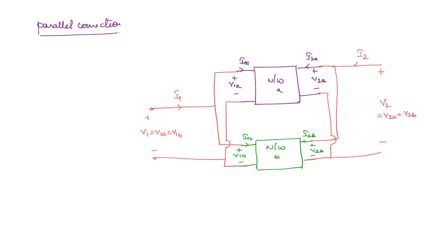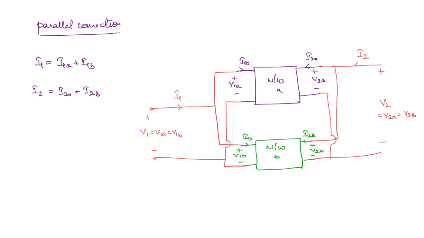Now what are the equations that you can write here using KCL? You can say that I1 is equal to I1A plus I1B. See, at this terminal you have I1 is flowing into this node, I1A is leaving, I1B is leaving. Similarly, I2 is equal to I2A plus I2B, okay.